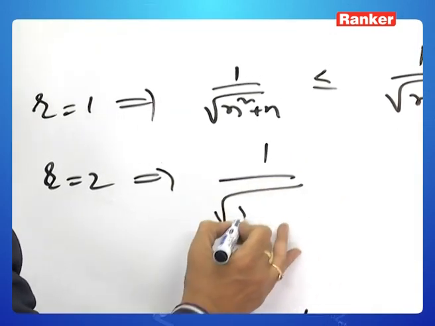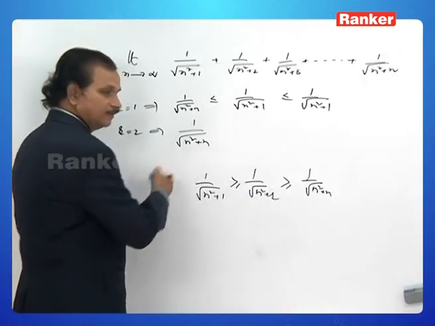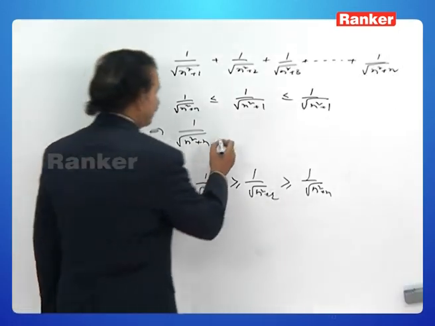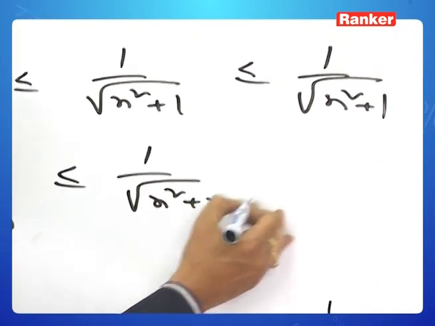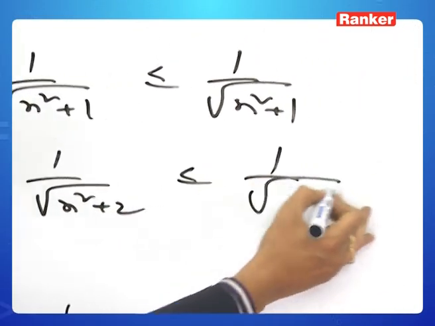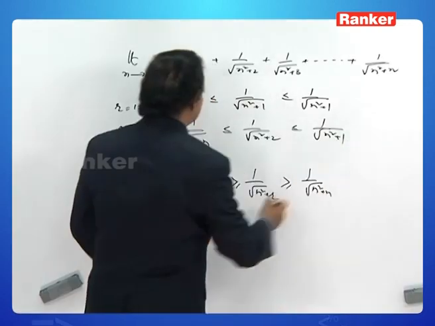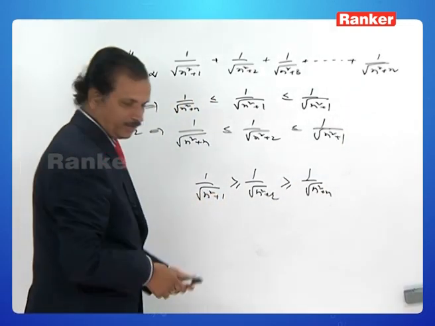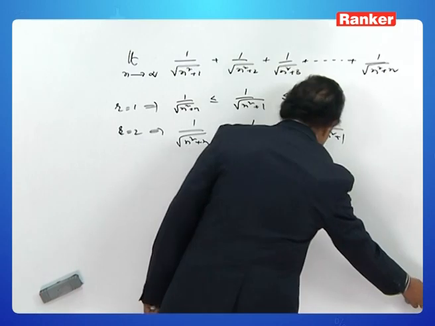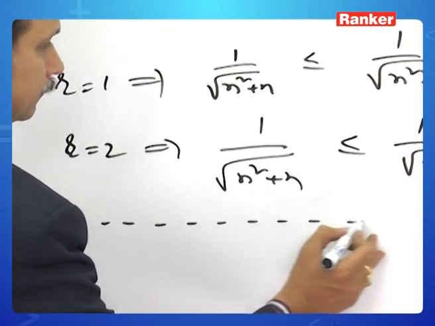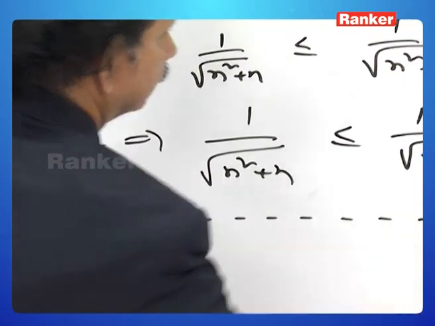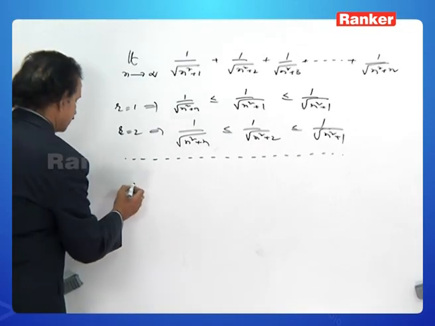1 by root n square plus n. This does not change. It is less than or equal to 1 by root n square plus 2, less than or equal to 1 by root n square plus 1. Now you take r is equal to 3, r is equal to 4, r is equal to 5, like that. Now you take r is equal to n.